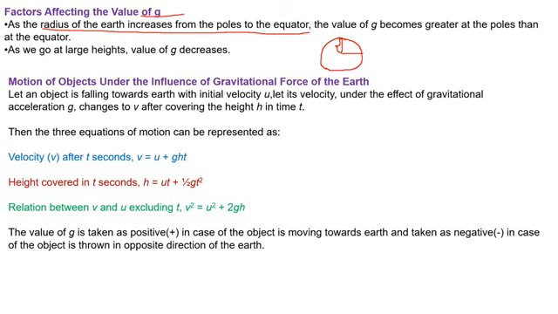So the small g, the acceleration due to gravity over here, will be more as compared to the acceleration due to gravity over here. So the value of g becomes greater at the pole than at the equator. I can write like this: at the pole the value of g will be greater as compared to the value of g at the equator.